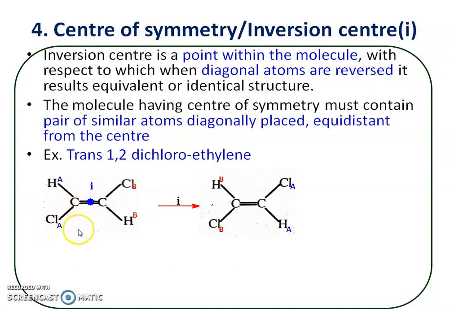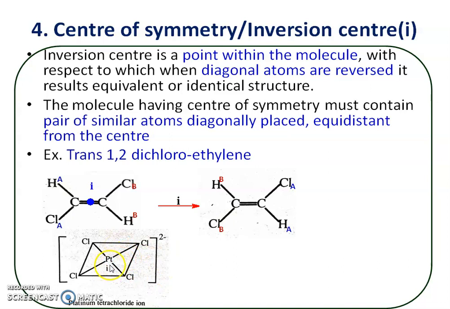Initially chlorine was here on the left side. After inversion, chlorine B takes the position of chlorine A and chlorine A takes the position of chlorine B. Similarly, there is an exchange between hydrogen A and hydrogen B, and we get this orientation. So in this way, in trans 1,2-dichloroethylene there is an inversion center, exactly at the center of the covalent bond or the molecule.